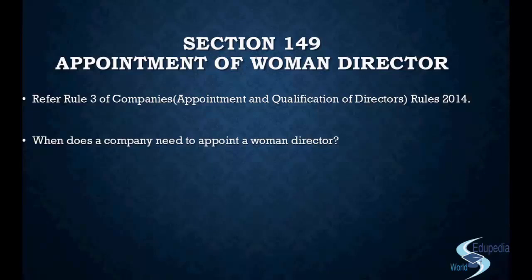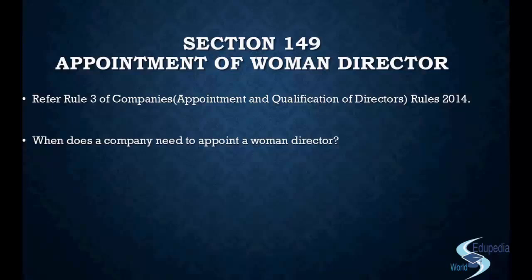And if there is an existing company who already have exceeded the parameter, but they did exceed it before the commencement of the Act, and now the Act says that they have to do it, so those companies will be given a time of 1 year. So within next 1 year, you will have to appoint a woman director, right? And that is 1 year from the enactment of the Act. That means they will have to appoint a woman director before 31st March 2015, right?